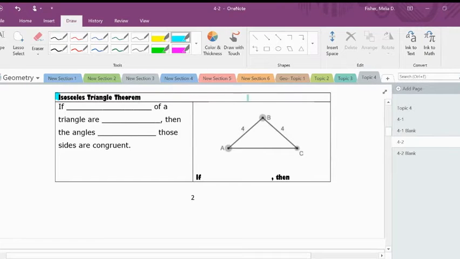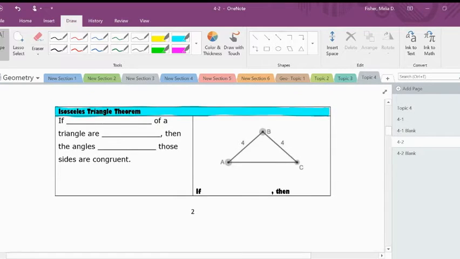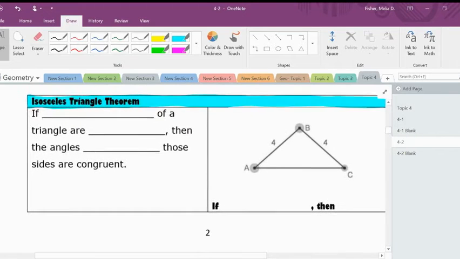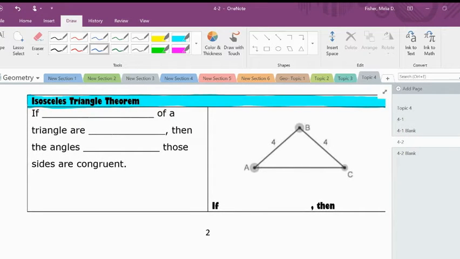I'm going to go ahead and highlight because this is a theorem. We're going to use this theorem in proofs, so you're going to want to make sure you know where this is and what it says. If two sides of a triangle are congruent, you can use the congruent symbol if you don't like writing that word, then the angles opposite those sides are congruent.